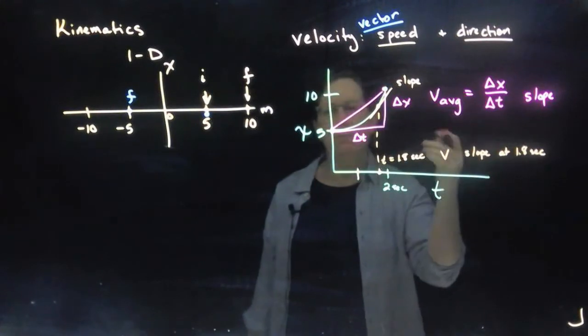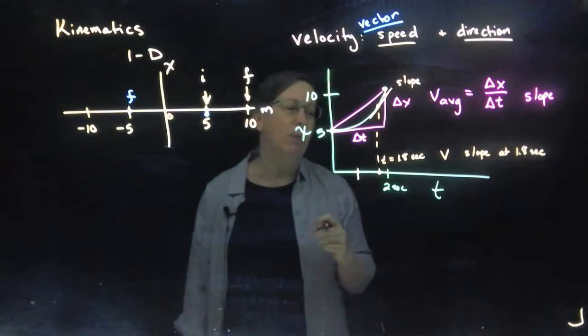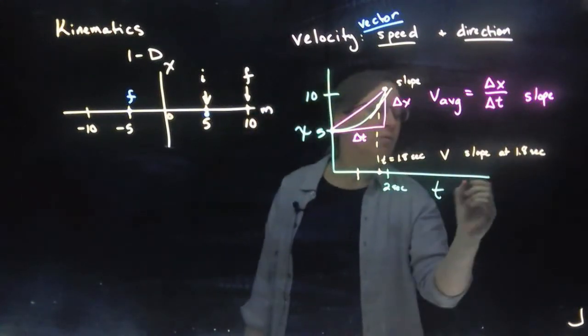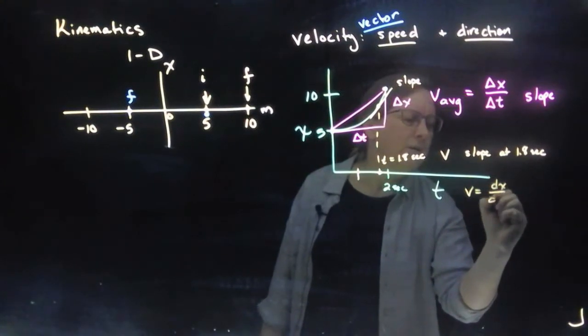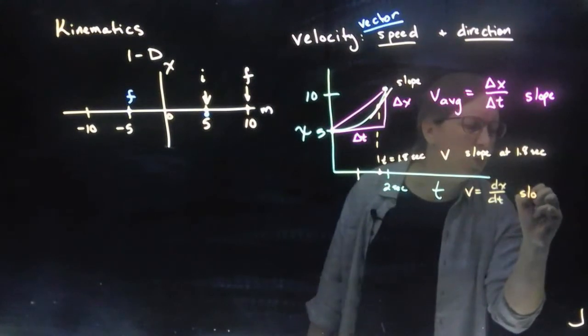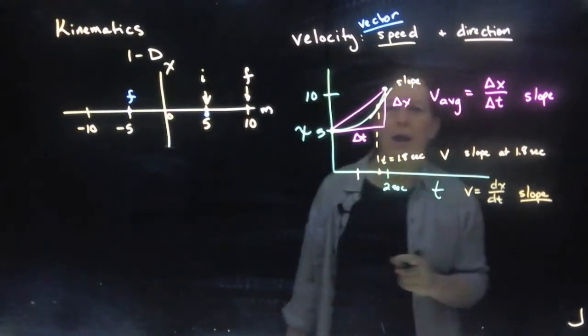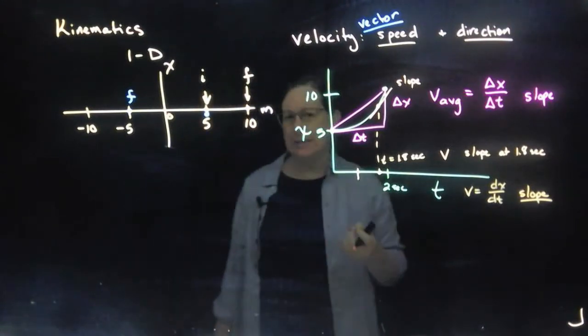So that's why it becomes this limit as delta t goes to 0, to use the mathematical language. So our v at any point is our derivative dx/dt. If you haven't gotten there yet, just think of it as a slope, because we'll be able to calculate it as a slope. Okay, and so that's our instantaneous velocity.